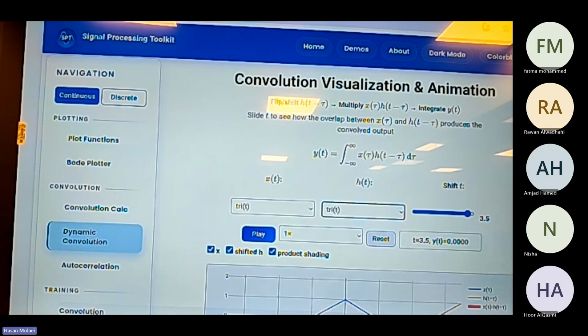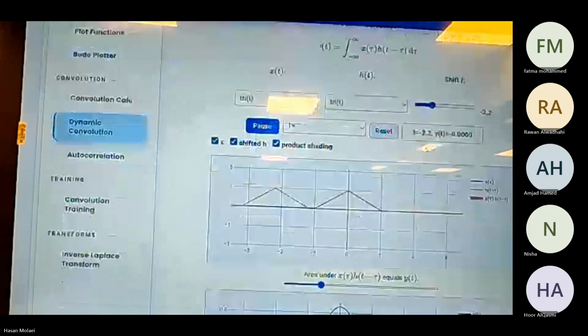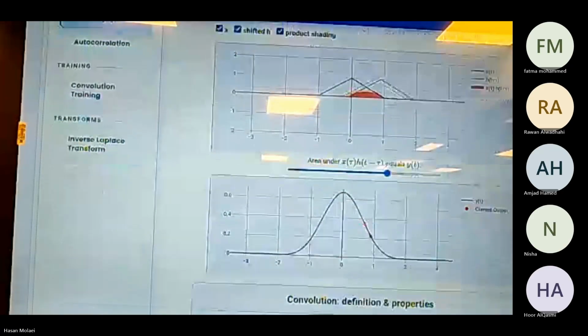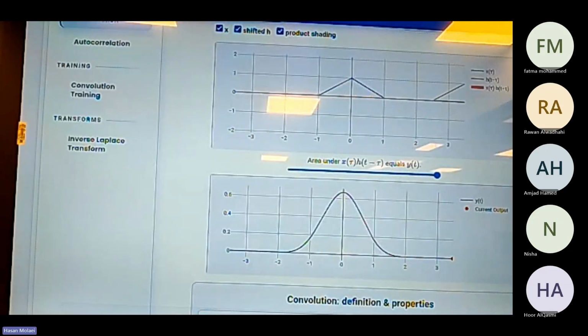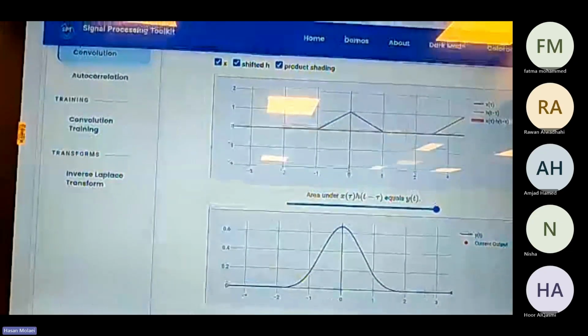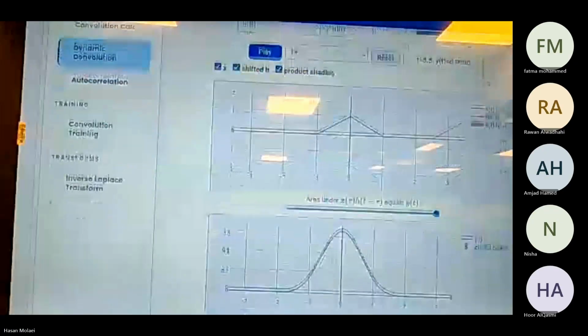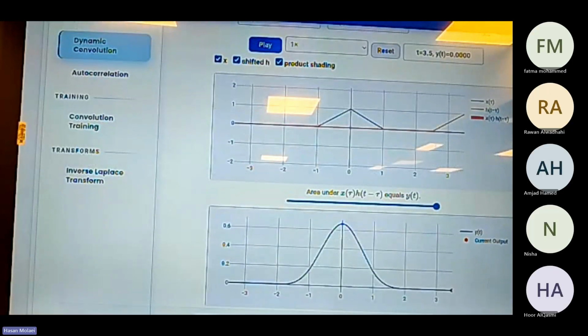One t multiplied by another t is t squared, and if you integrate, the order should be 3, a polynomial of order 3. You can see both of them are from minus 1 to 1, but the answer should be from minus 2 to plus 2.